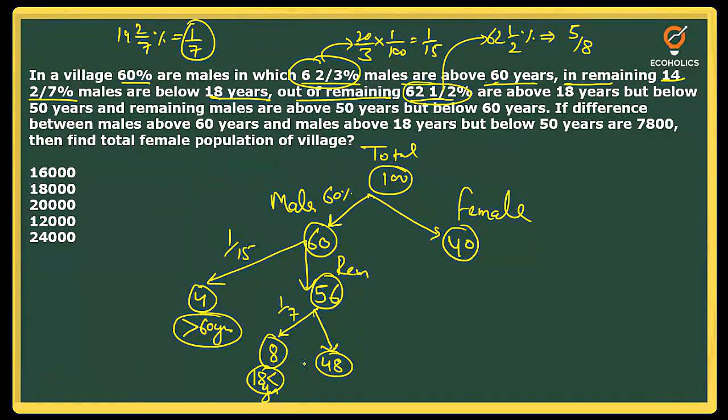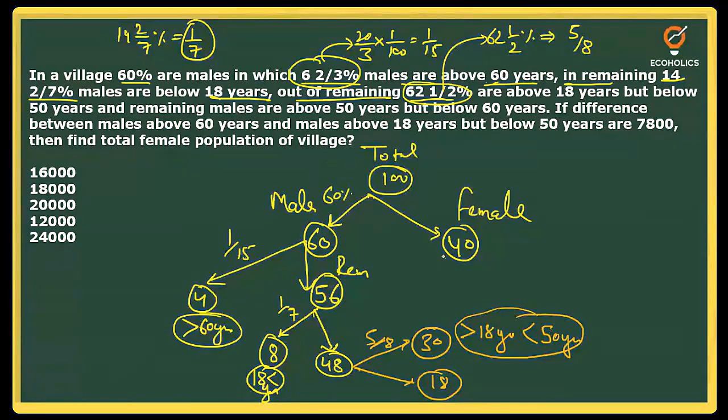I'm using a different pen now because I require it. So 5/8 of 48. 8 will cancel 6 times, so 30. And remaining are 18. So these 30 are greater than 18 but less than 50.